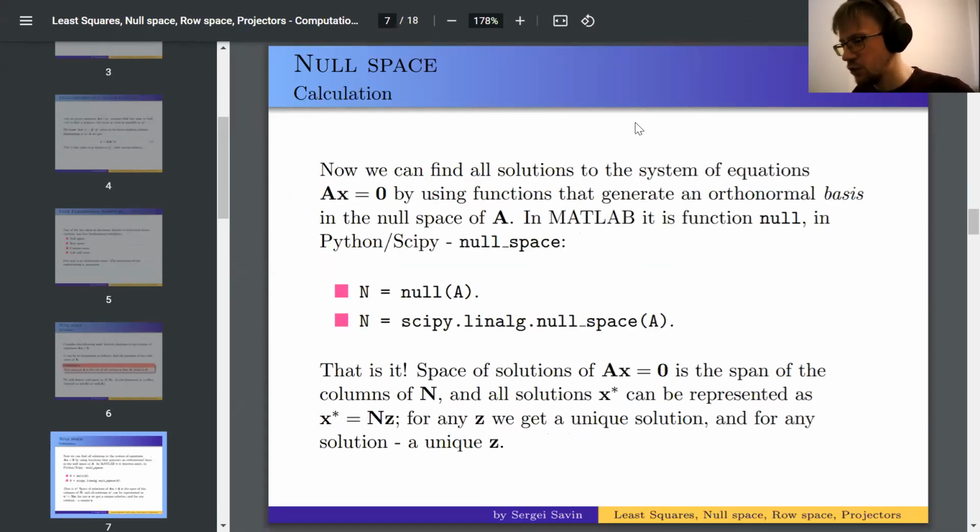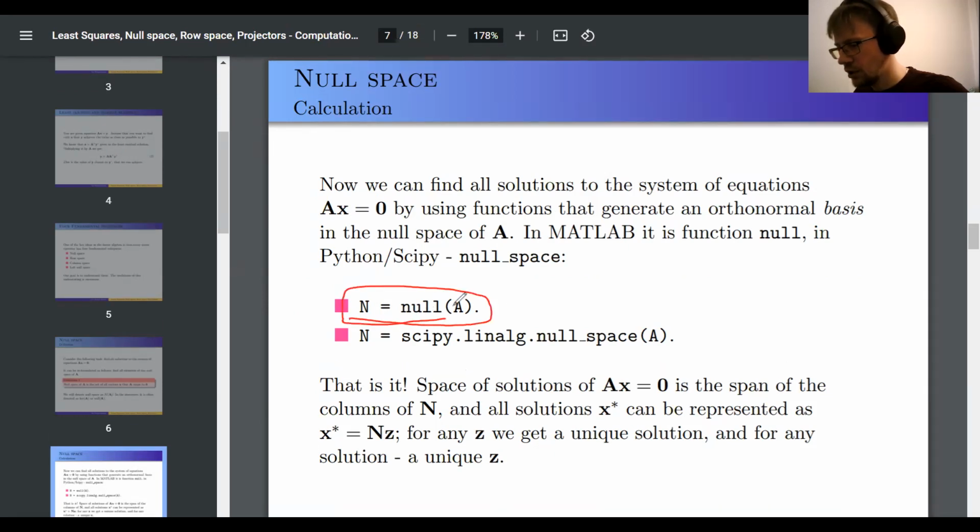What is nice about null space for us as software engineers is that we can use MATLAB or Python to find it. So this expression in MATLAB gives us the null space of A. In Python, it is this expression, scipy.linalg.null_space.